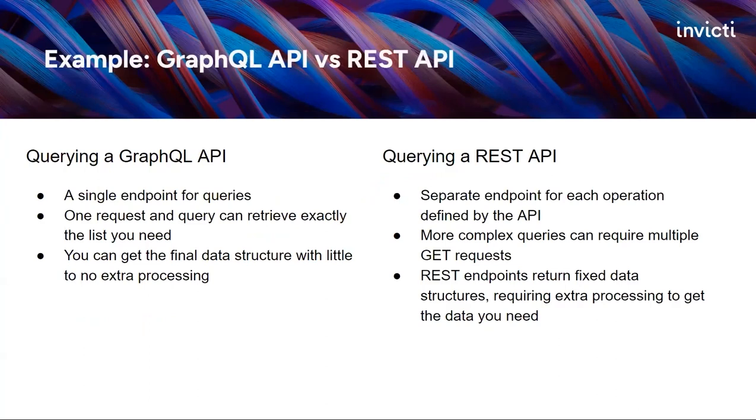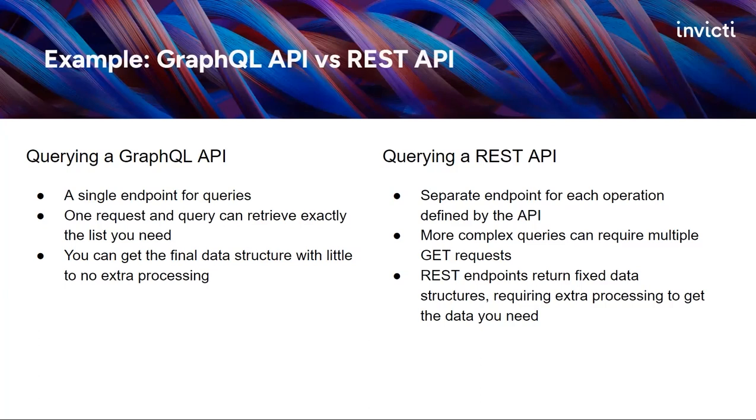If we are now comparing GraphQL to a REST API, there are some important differences. The first one is that there's a single endpoint for queries in GraphQL. In most configurations, it would be something like /graphql or /api/graphql, something like this. And this single endpoint accepts all of the queries and mutations you send to it.